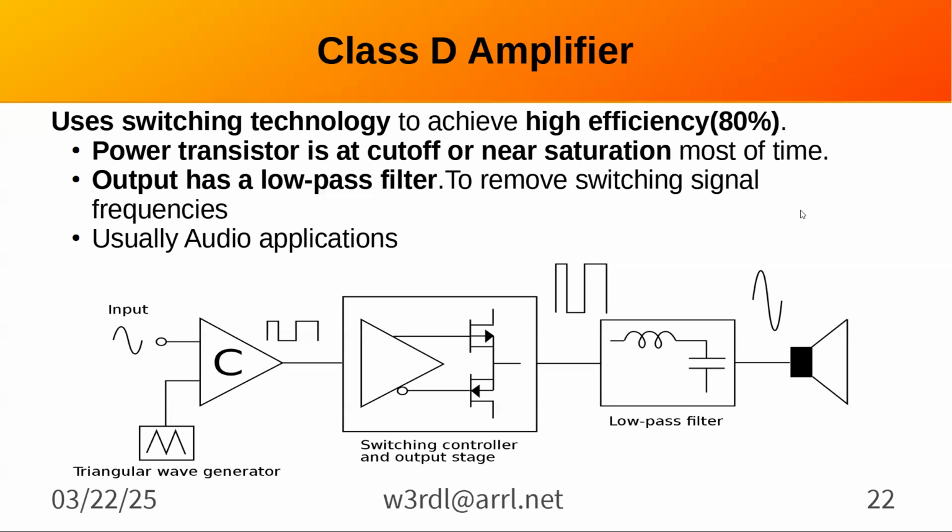Essentially, it's highly efficient because you're operating as a switch, so it's either on or off. You're never in the intermediate zone. You're either conducting fully or you're not conducting at all. And you conduct for a period of time proportional to the amplitude of the input.